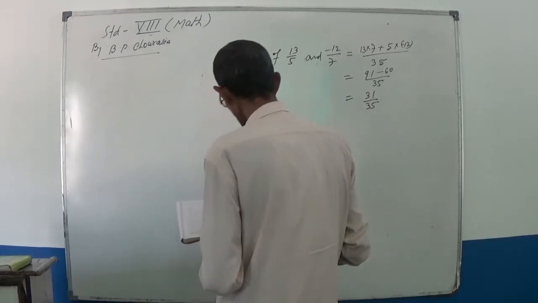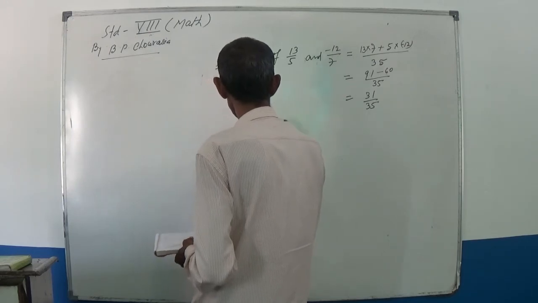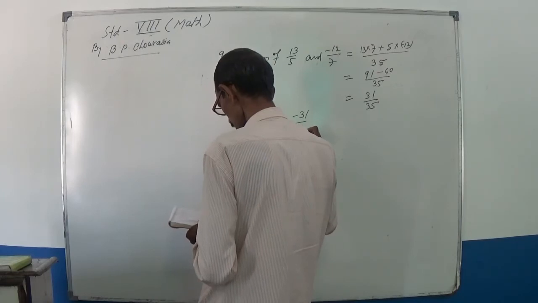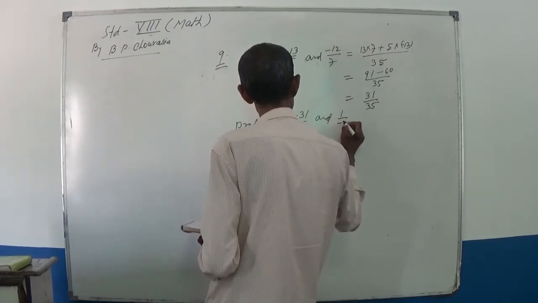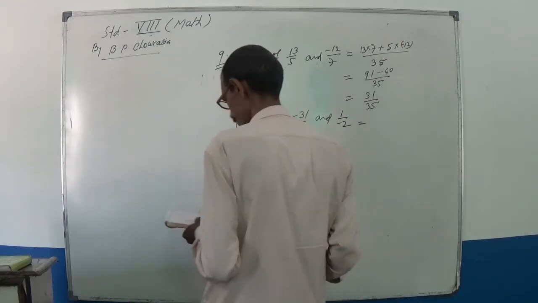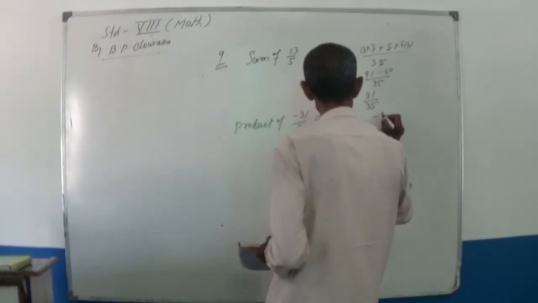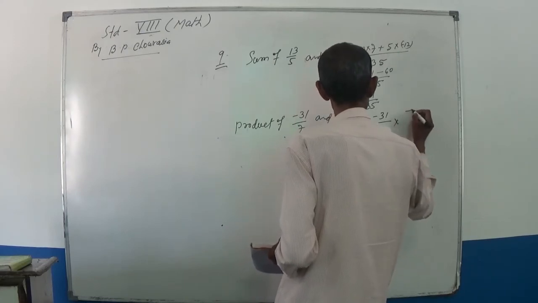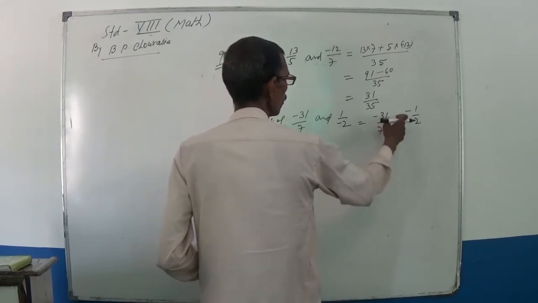And the product of minus 31 by 7 and 1 by minus 2 is equal to minus 31 by 7 into minus 1 by 2. 1 by minus 2 is equal to minus 1 by 2.